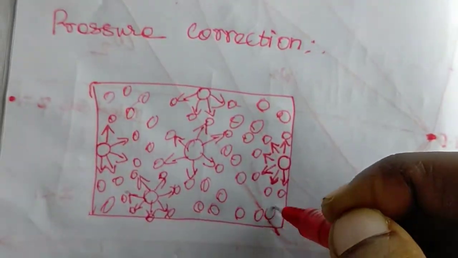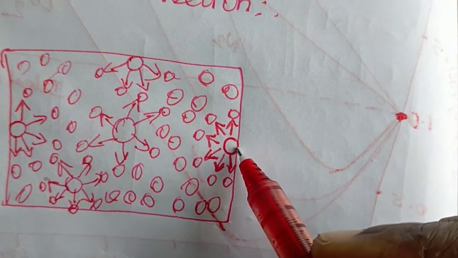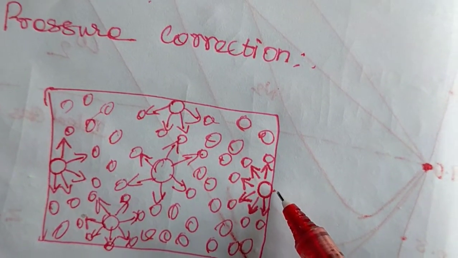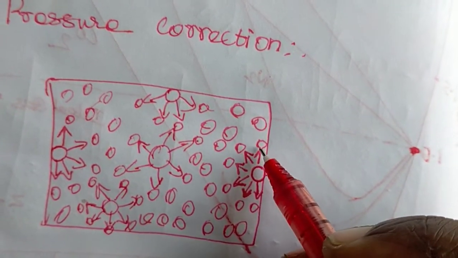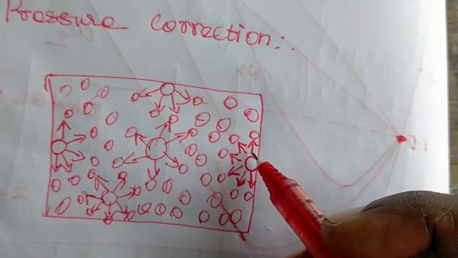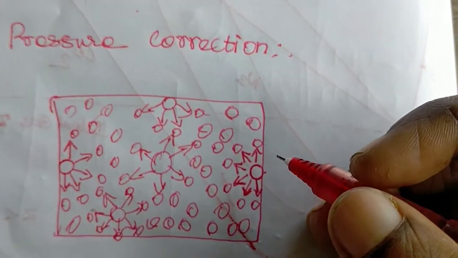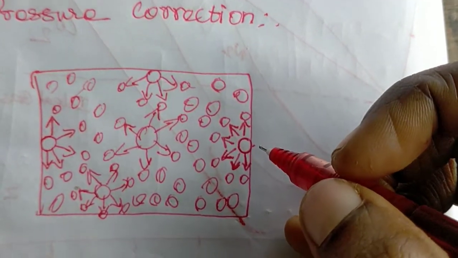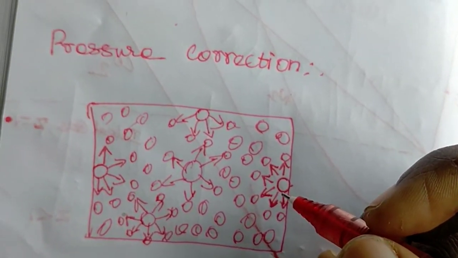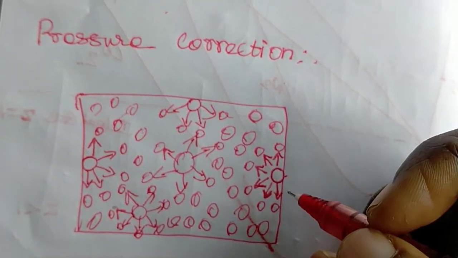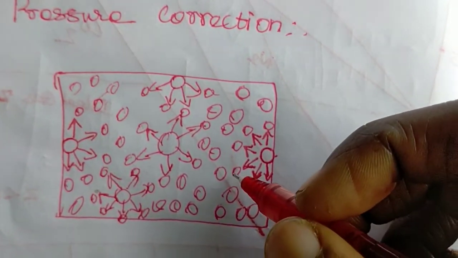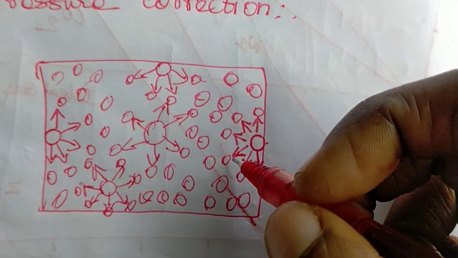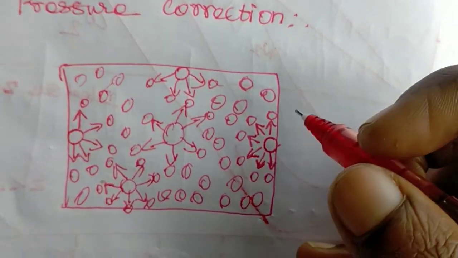The speed of the molecules towards the wall is reduced by this attraction. So we have two types of force.